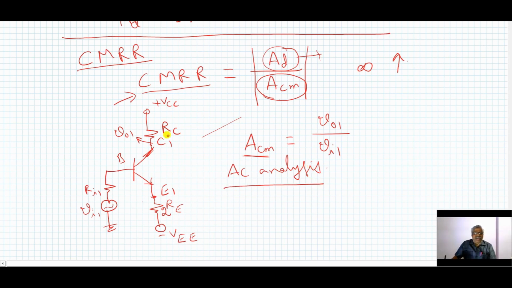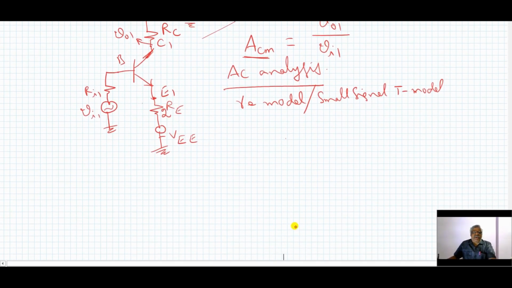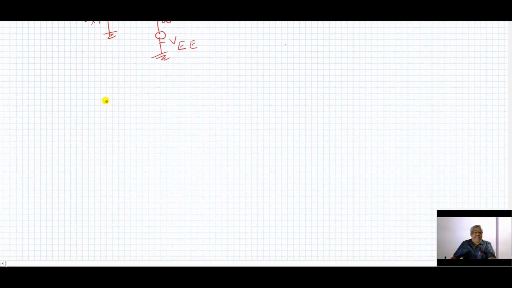To perform AC analysis, suppress all DC power supplies to 0. This is 0, this is also made 0. Now draw the AC equivalent circuit and replace the transistor with its RE model or small signal T model, which we used earlier. The same model we have to use. So let us draw the circuit and then write equations. The T model is like this.